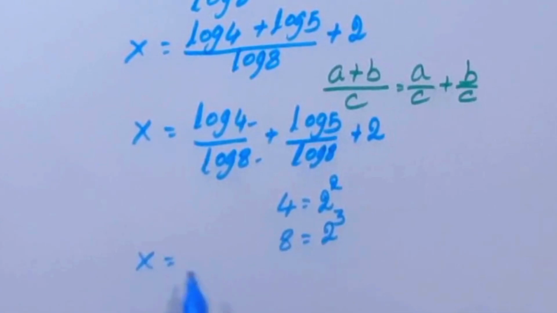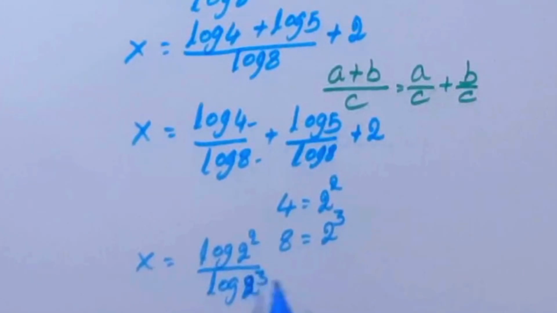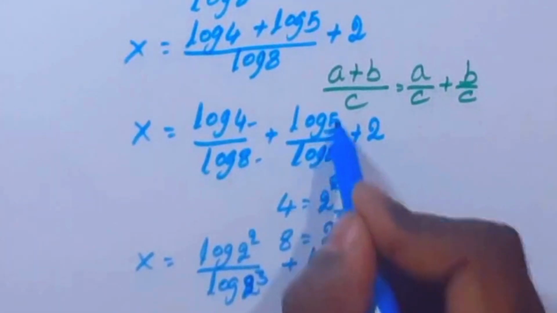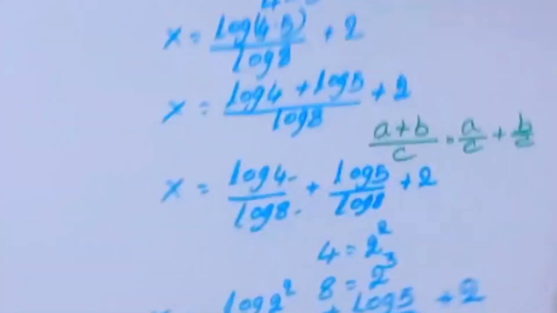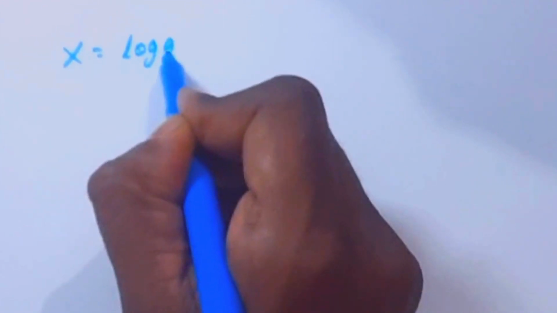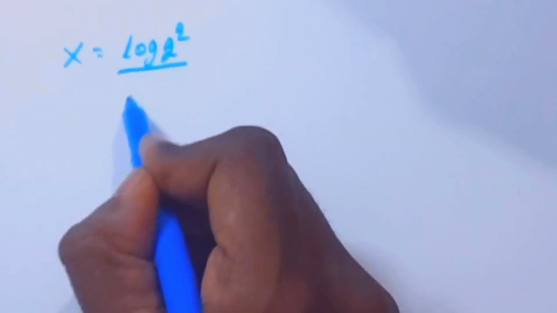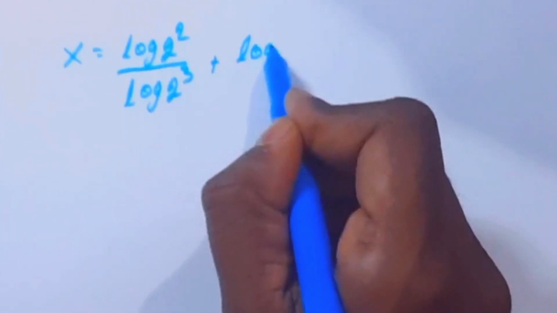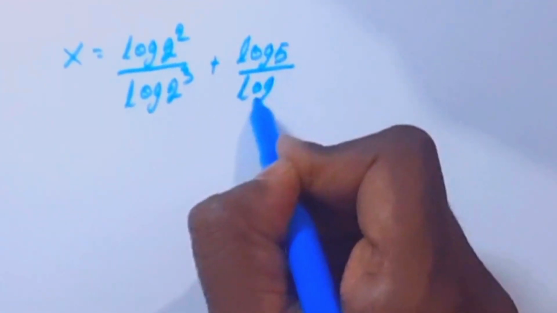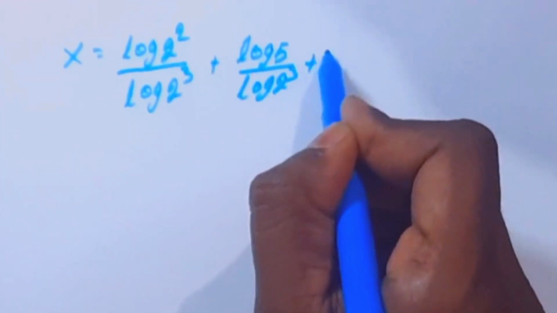So x equal to log 2 power 2 by log 2 power 3 plus log 5 by log 2 power 3 plus 2.